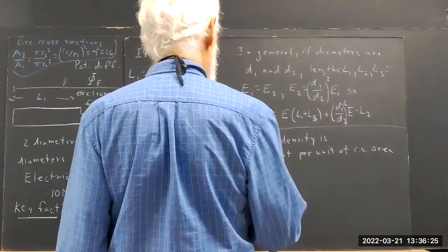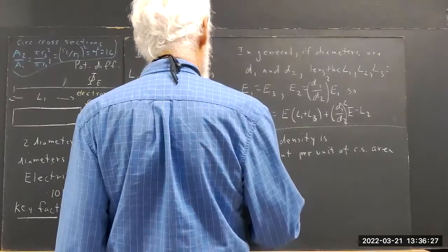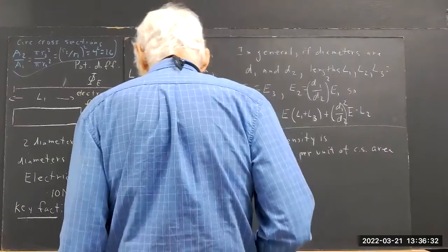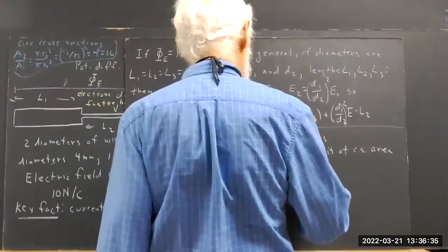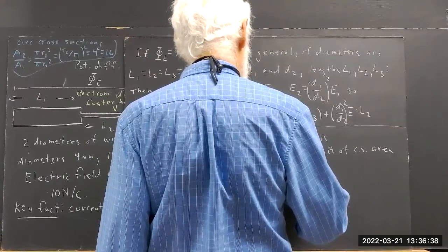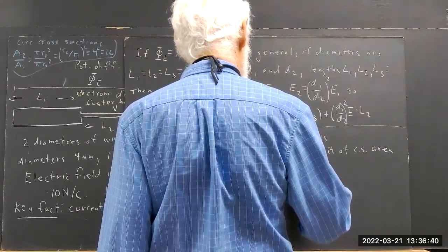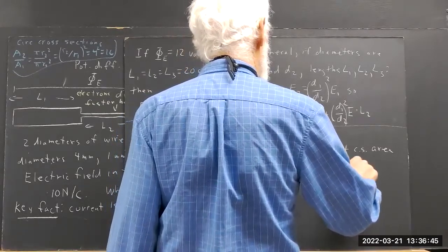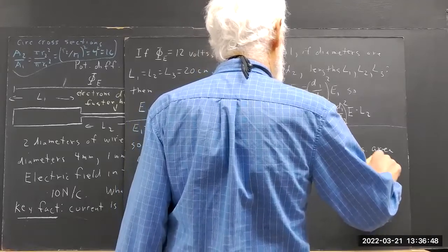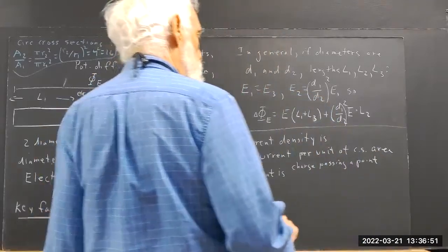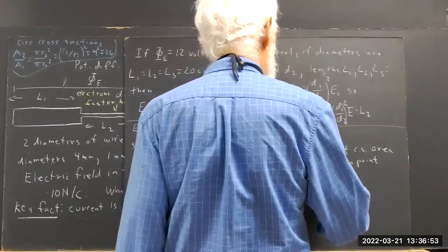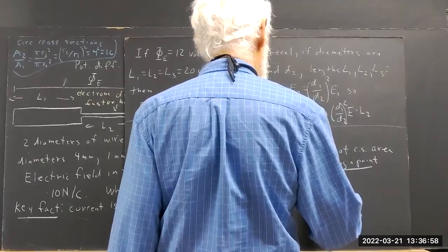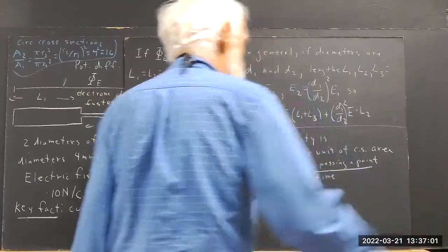Now, current is charge passing a point per unit of time.